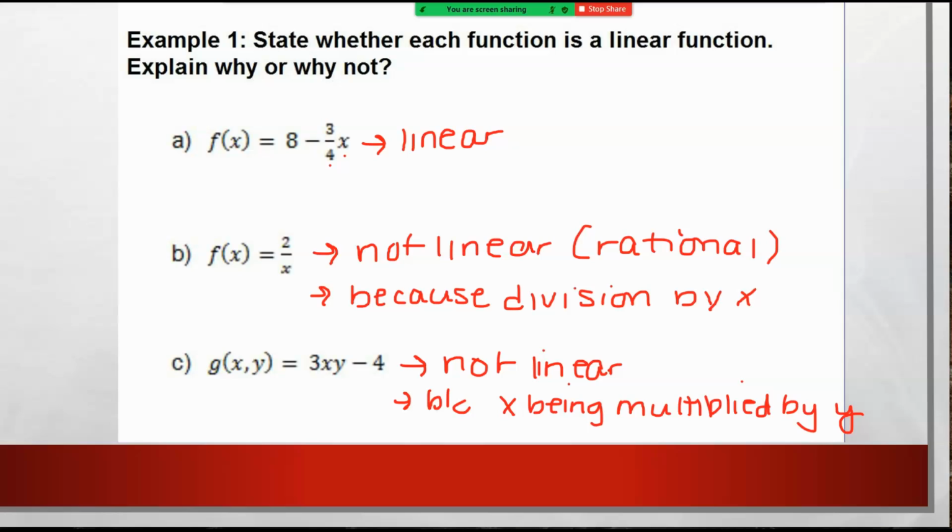You cannot have two variables multiplied together, or else it is nonlinear. If you have two variables times each other, it is nonlinear.